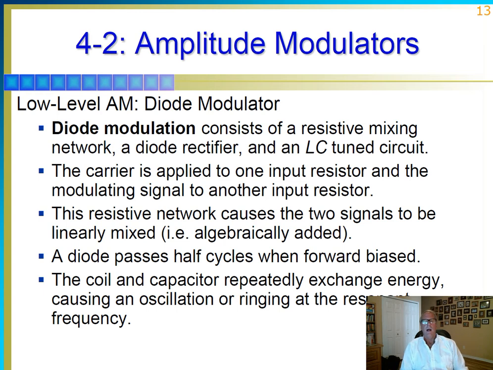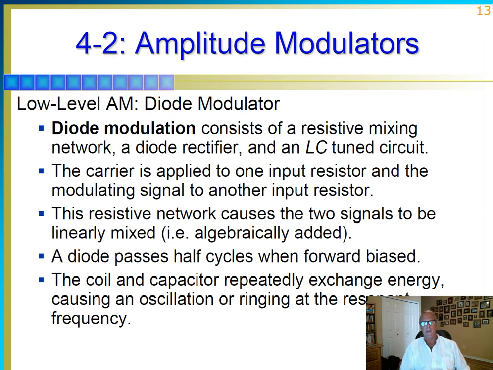So let's look at some examples of that. A low-level example of a low-level AM would be a diode modulator, which is just a mixing network, which is what I just talked about, sort of a summing circuit. Well, it is a summing circuit. A little diode rectifier, which gives you your square law function, right, and an LC tuned circuit. So that's just what we looked at: the summing circuit, the diode, and the tank circuit, okay?